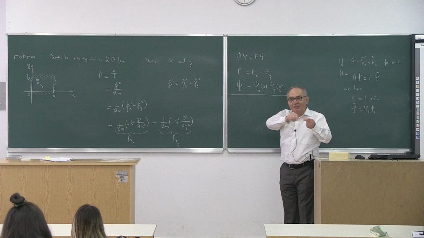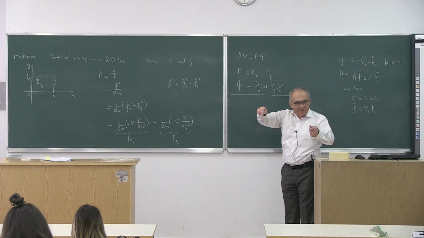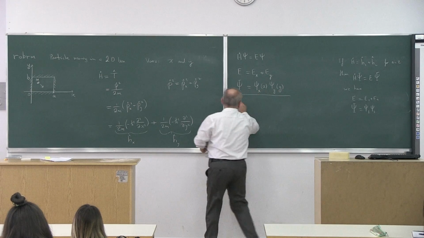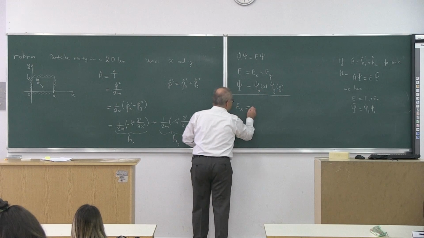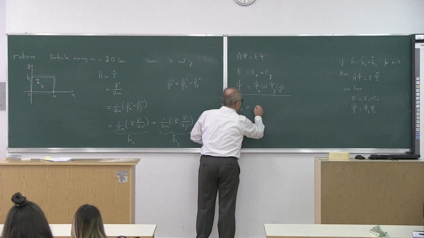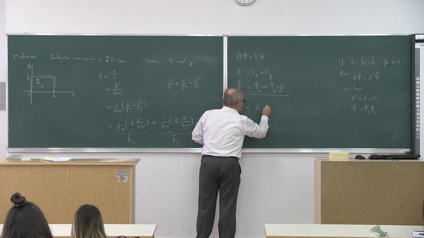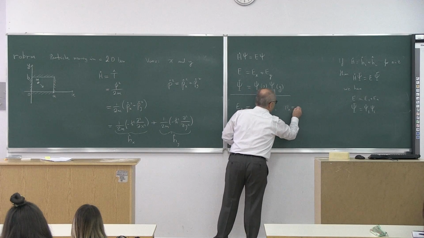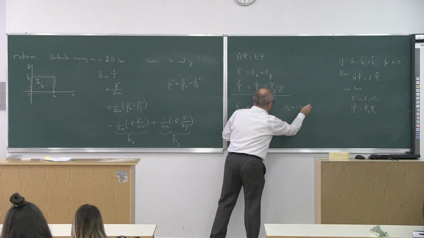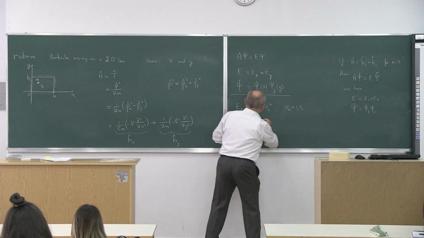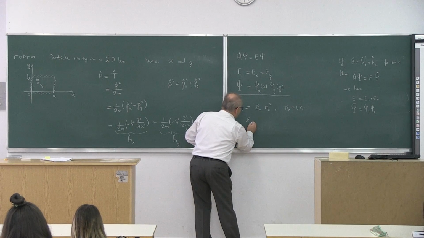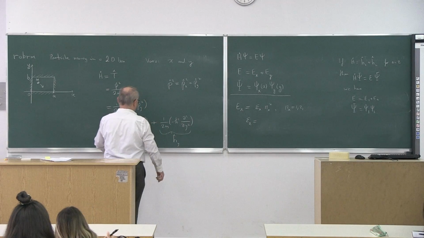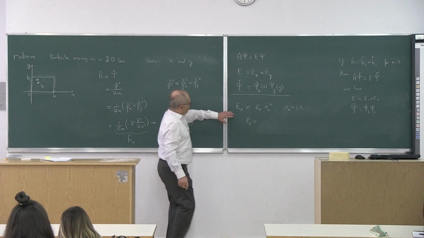It's moving along a one-dimensional box with box size A. So the allowed values of Ex are epsilon X times n squared, where epsilon X, all right, I have erased it.